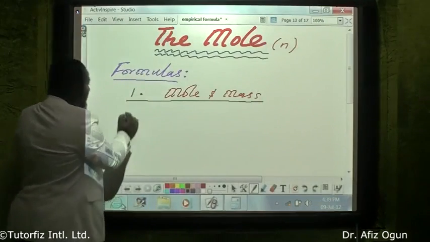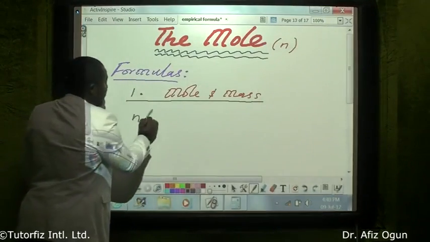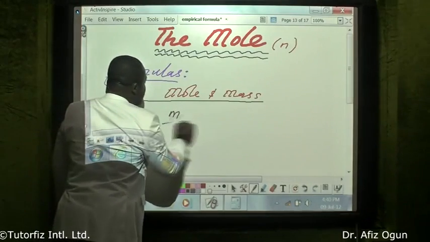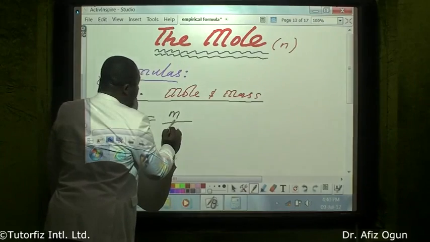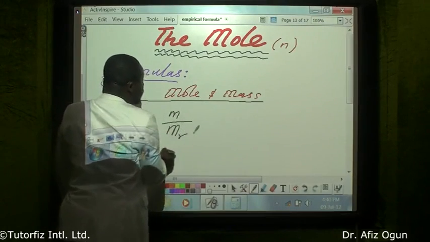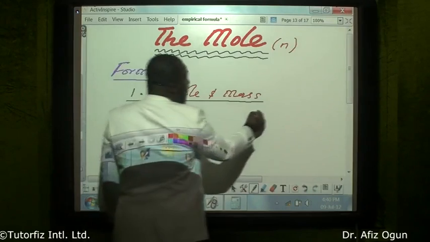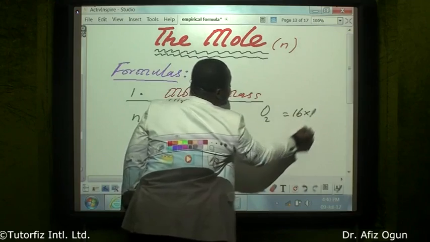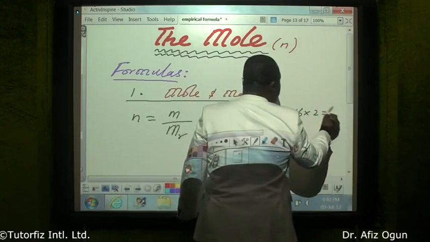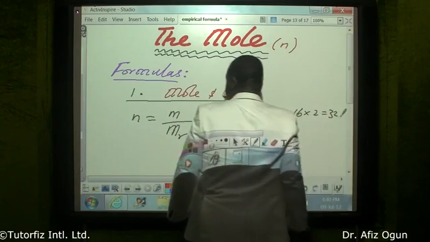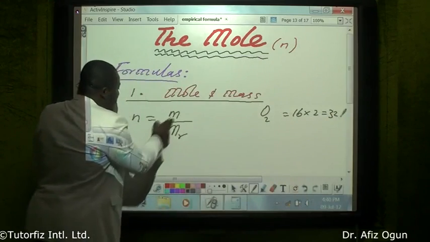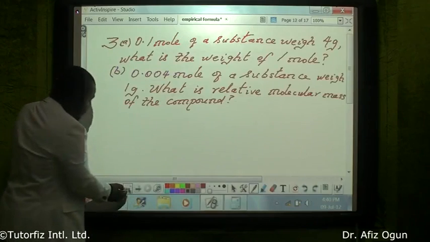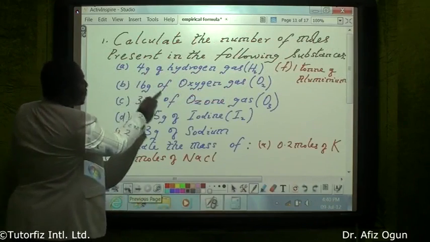Now, I said 16 grams of oxygen. So n again is given mass divided by molar mass. The molar mass of oxygen is 32, which is 16 times 2, because it is O2. So what is my given mass? In my question, I have been given 16 grams of oxygen.